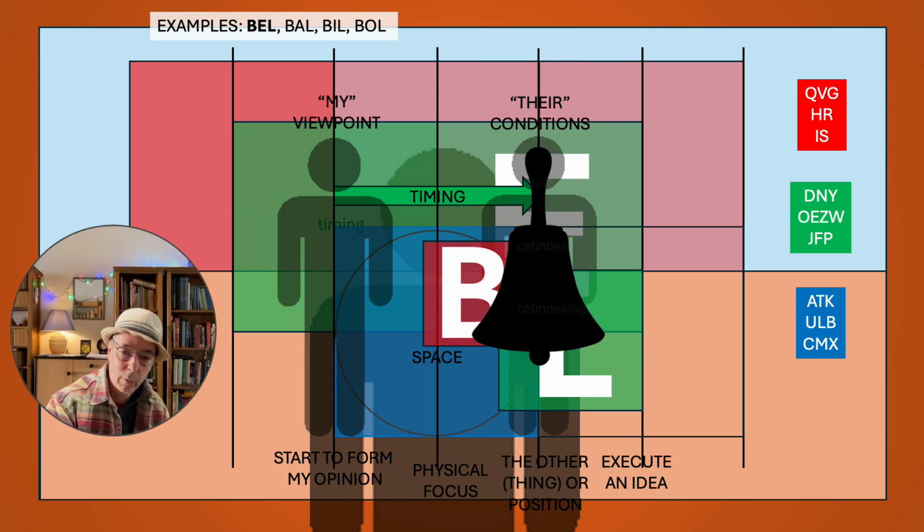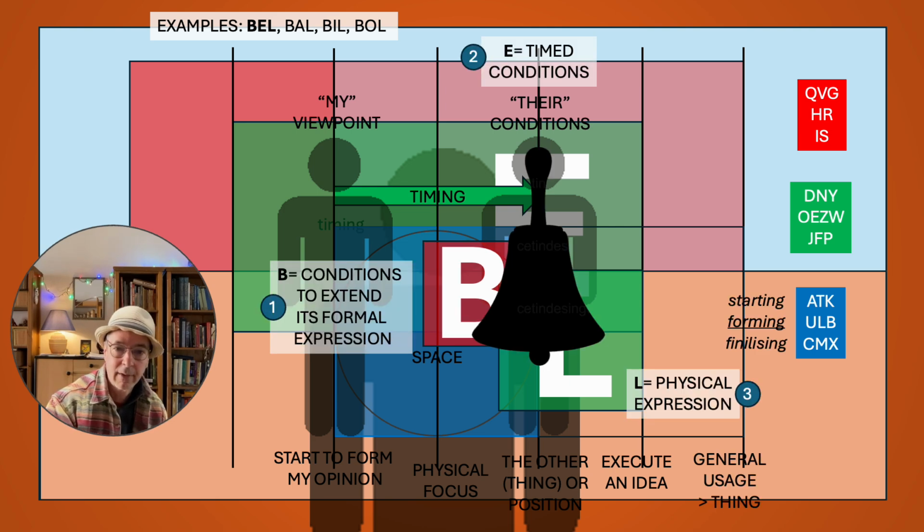Here's the BEL, which I express here. And what do we read then from the letters? We have B, which is focused on these conditions in E. These conditions are also about extending its formal expression. That's what B is about: that extension and the end effect which it will have by extending this formal expression.